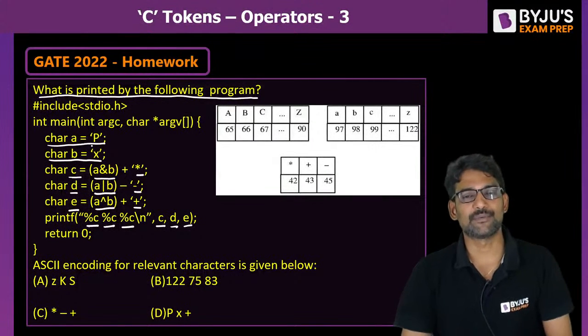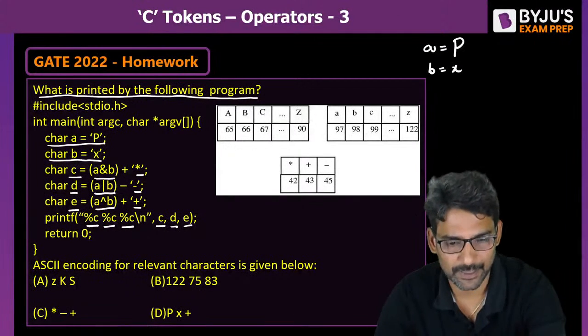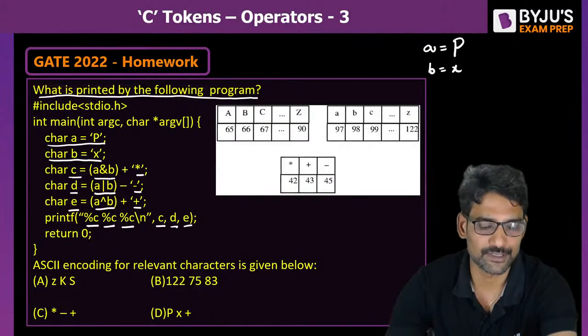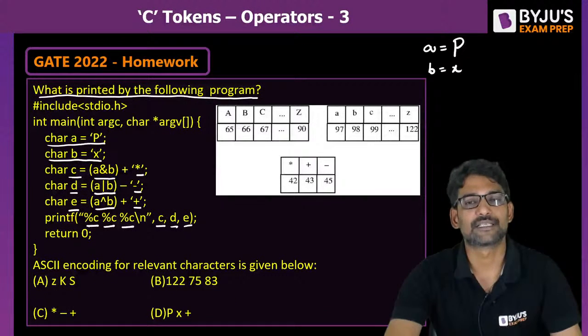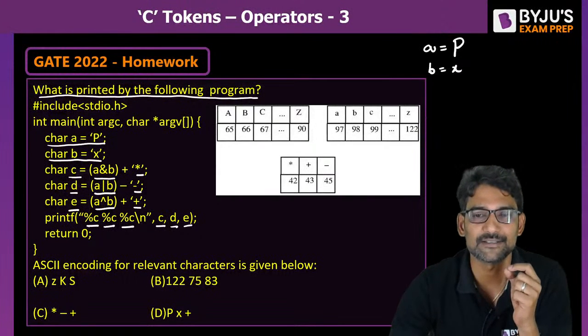First, A is given capital P, B is small x, C equal to A and B. When capital A has ASCII value 65, capital B 66, capital C 67, and so on, what would be the ASCII value of capital P?